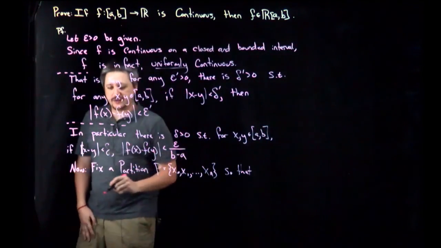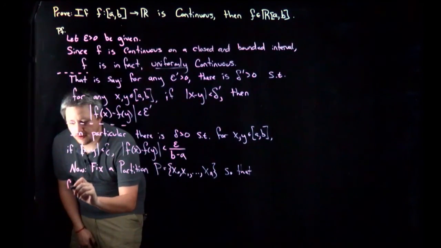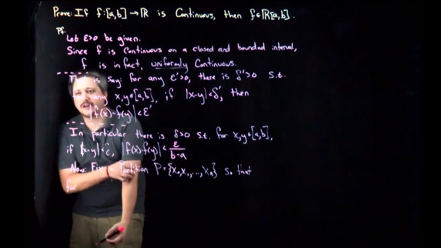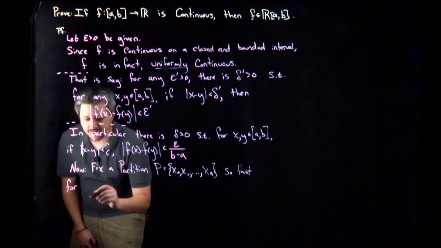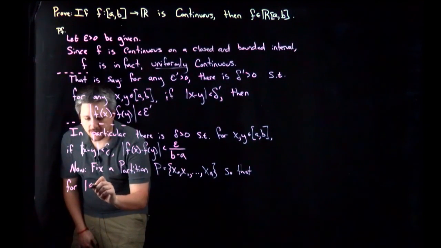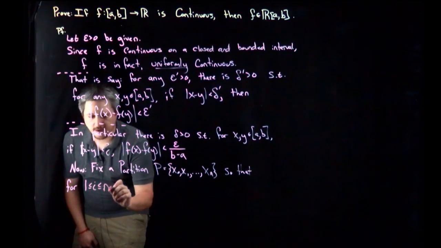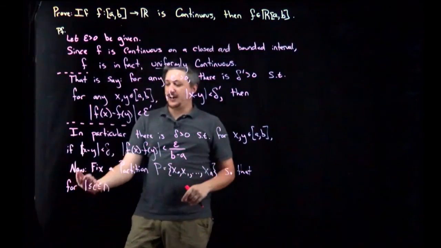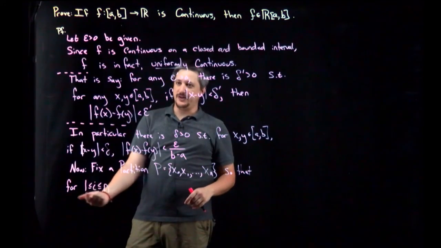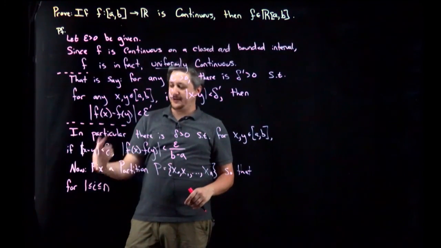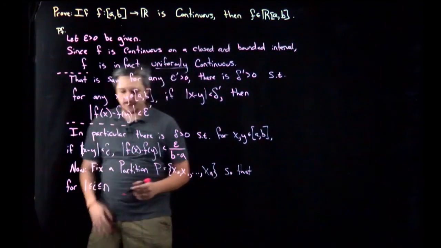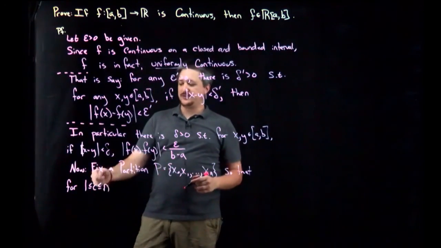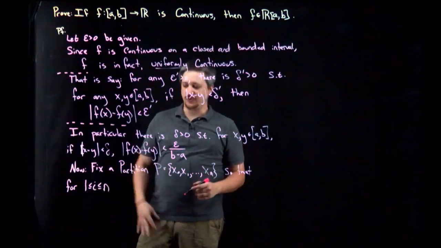But the other thing I want is, there's a shorthand I'm going to start using that's very common, which is that I say for 1 less than or equal to i less than or equal to n. We obviously know what 1 is, we obviously know what n is, so what I'm really saying is for i, obviously going to be an integer by context, between 1 and n. This is common shorthand.